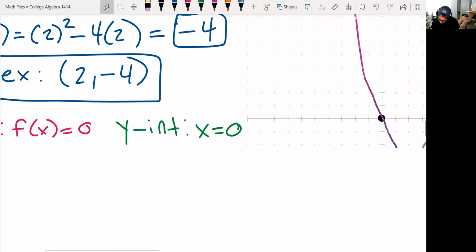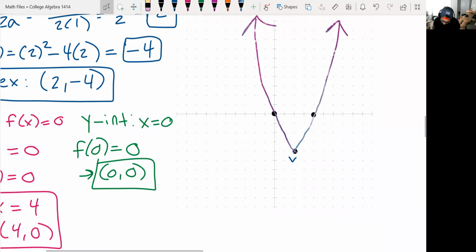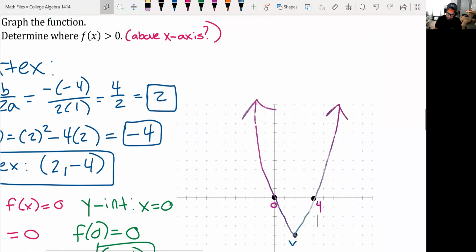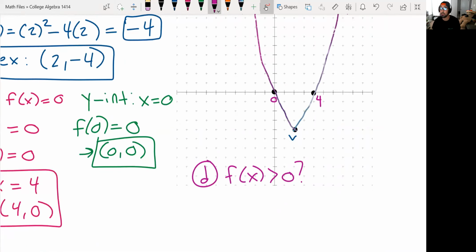Okay, let's look at it. I'll label things again. This is 0 and 4. And greater than 0. F of x greater than 0.